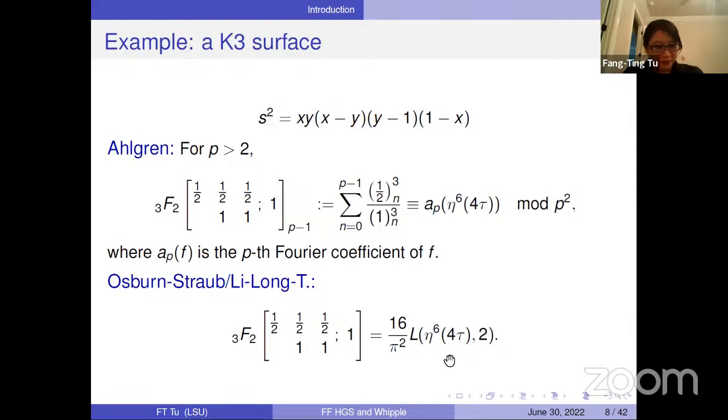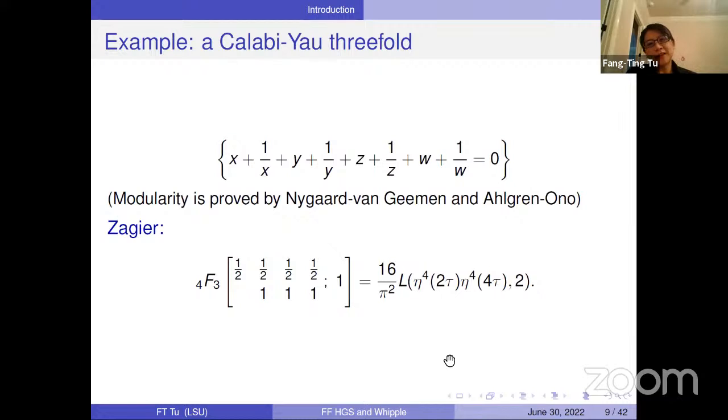For another example from our Calabi-Yau threefold case, again, if we consider the threefold whose Picard-Fuchs differential equation is related to this 4F3 function, we know from our previous talks that this is modular, and the corresponding Hecke eigenform is this weight 4 eigenform.